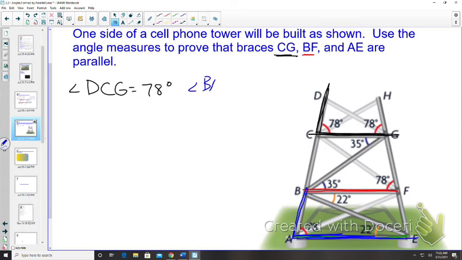But we're not sure about the other side. But it would be, because angle F is 78 degrees on that line. But we can't make those assumptions; we've gotta use the information that's given. So we know that DCG is equal to 78 degrees, and BAE is also 78 degrees.